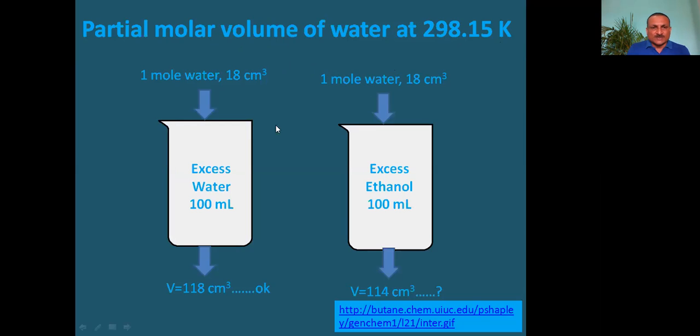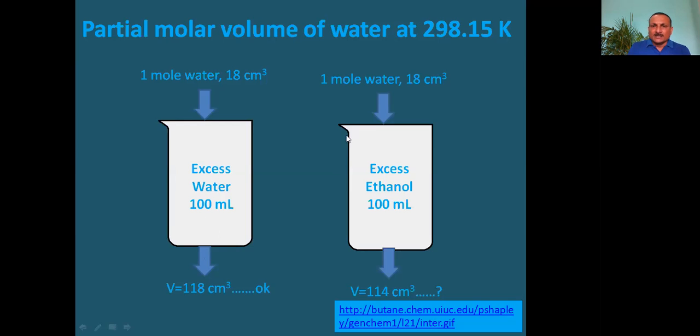To understand the concept, let us consider addition of 1 mole of water, that is 18 cm cube of water, to 100 ml of water in excess. This will give you 118 cm cube of water. So just the addition of 18 ml or 18 cm cube to the 100 ml has taken place.